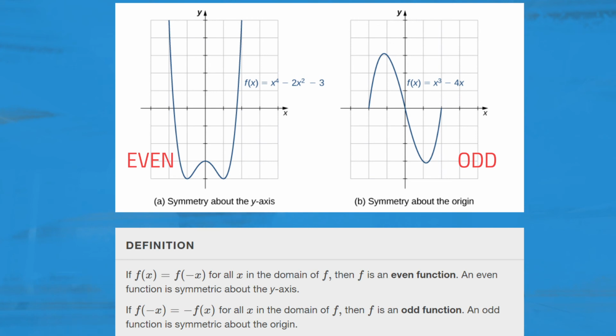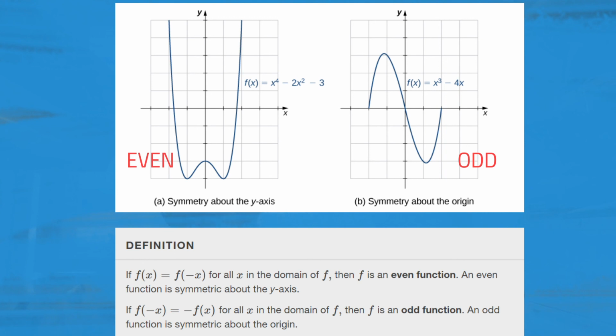Versus the second example, we have x cubed and an x to the first power. So with polynomials, if all the powers are even or odd, then the functions are going to be even or odd. If you have a combination of odd and even powers, then your function is probably going to be neither odd nor even.